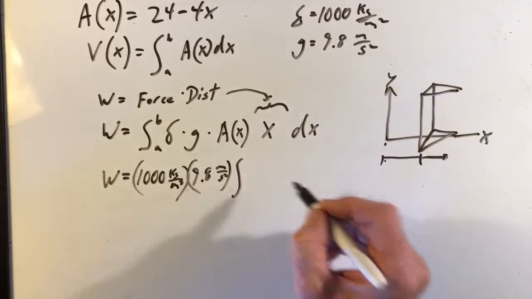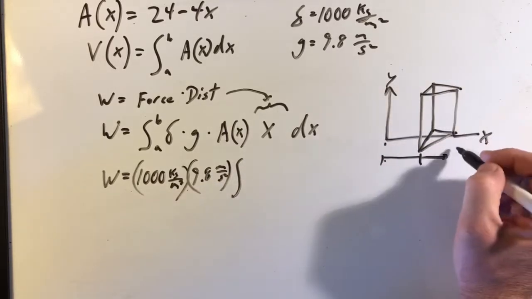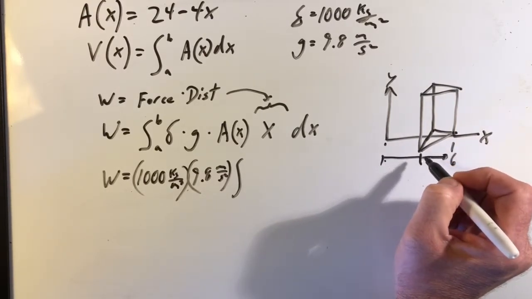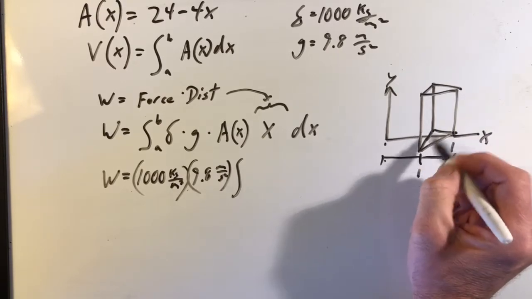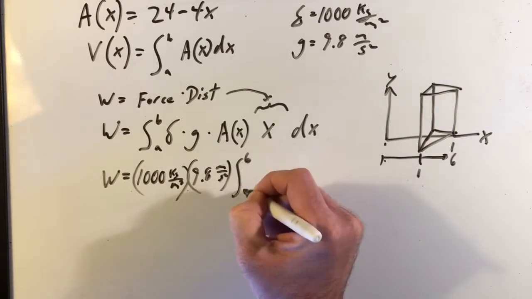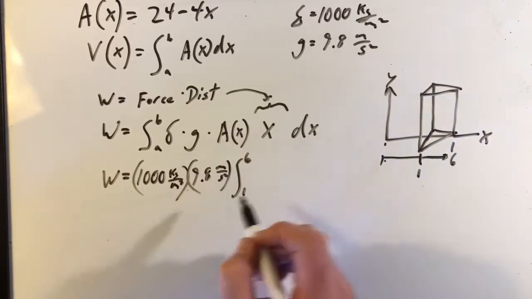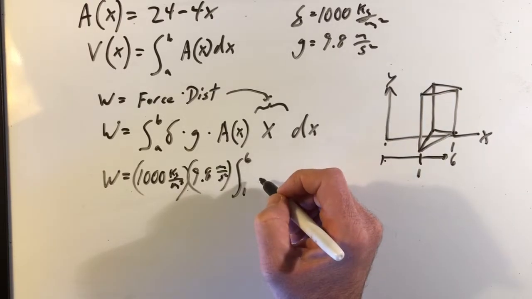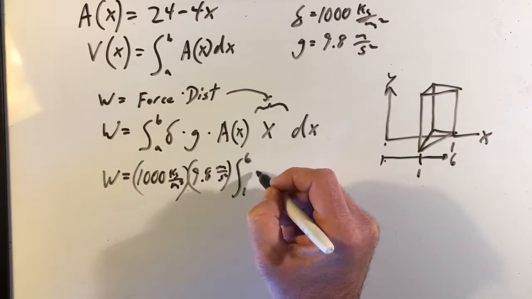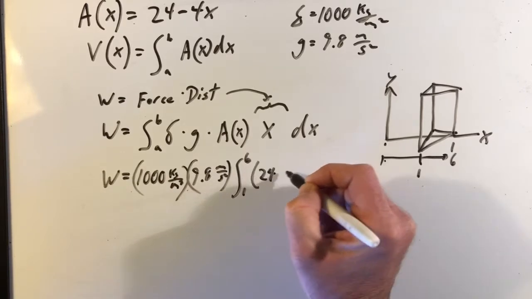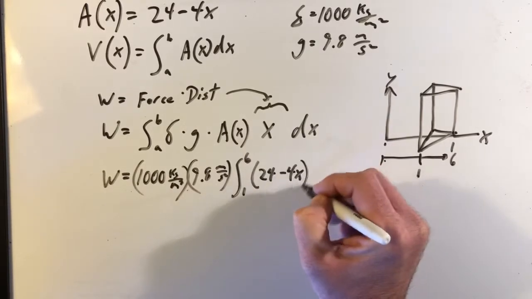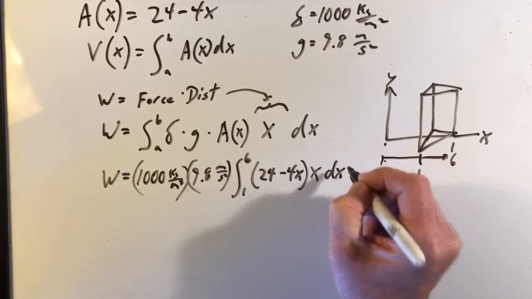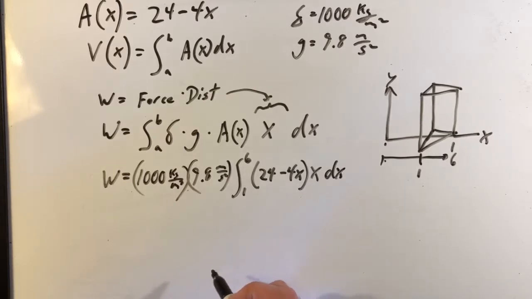So we are going from 6, which is out here, to 1, which is right here. That'll take care of where the water level is. Then we have 24 minus 4x times x dx. Okay, everything's taken care of.